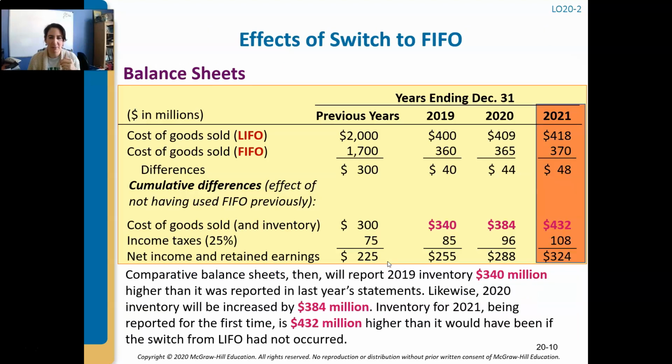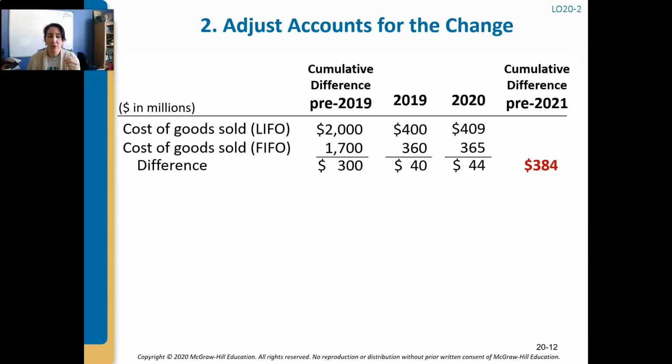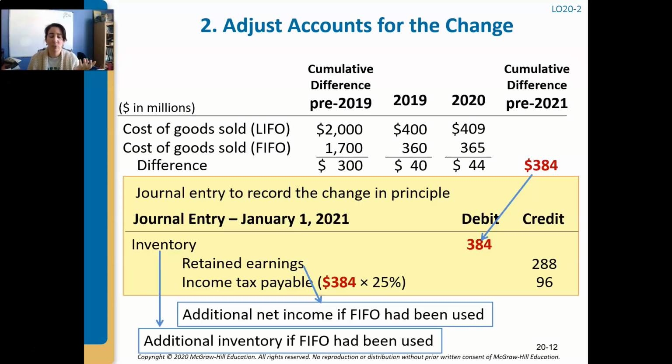All right, so back to where we just were. 231, 243. Okay. The other thing you need to do, you need to adjust your inventory count, right? Because like I was saying, now that we have a higher amount of inventory, since we have now decreased our cost of goods sold number, that means we have to record the higher inventory number. So we're going to bring the inventory number up by that cumulative difference that we looked at before, by 384.